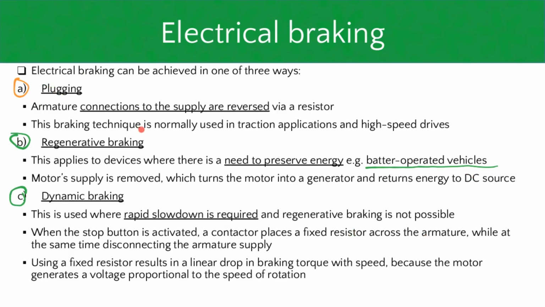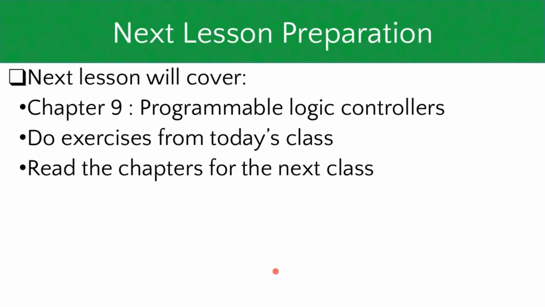Plugging is where the connections are reversed via a resistor. This also disconnects the armature supply. Using a fixed resistor will result in a linear drop in braking torque with speed. Again, Lenz's law is acting here, slowing the motor down very quickly. So dynamic braking and plugging are pretty much making use of the same mechanics.